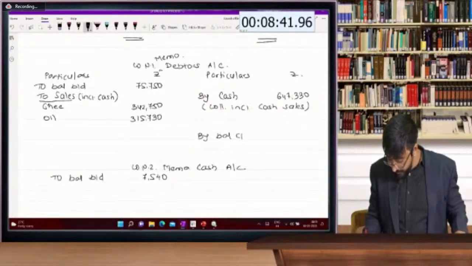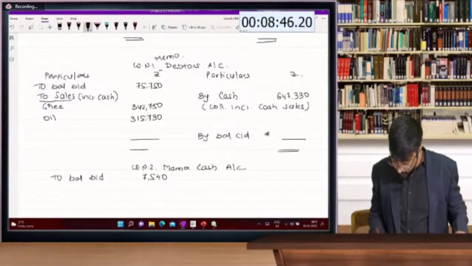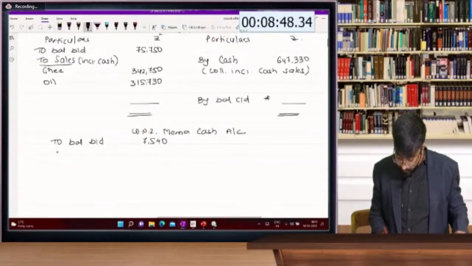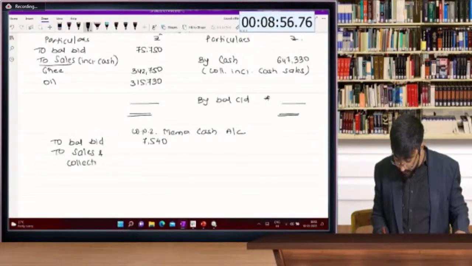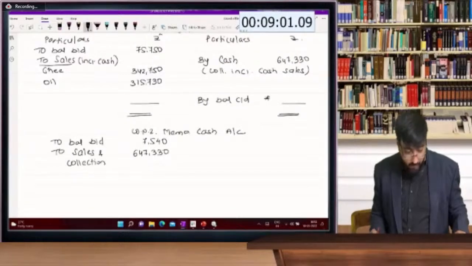By balance carried down, to sales and collection 647,330.